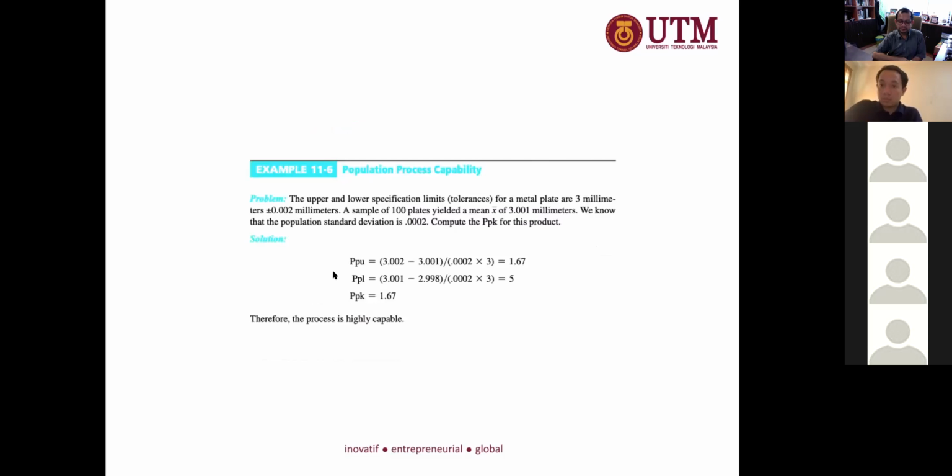This is an example. We have the tolerance plus minus 0.002, and this is the mean. So this is our population n, and we have our x bar here. So we are required to calculate the PPK.